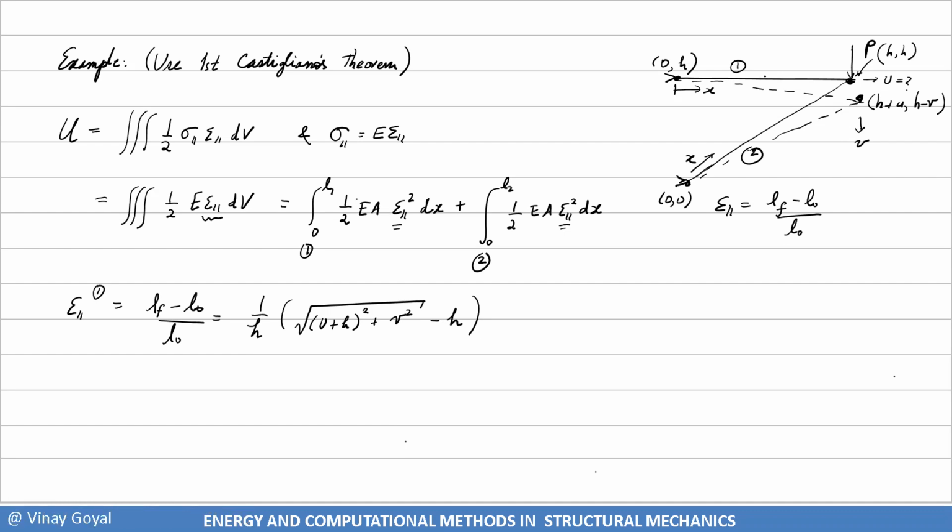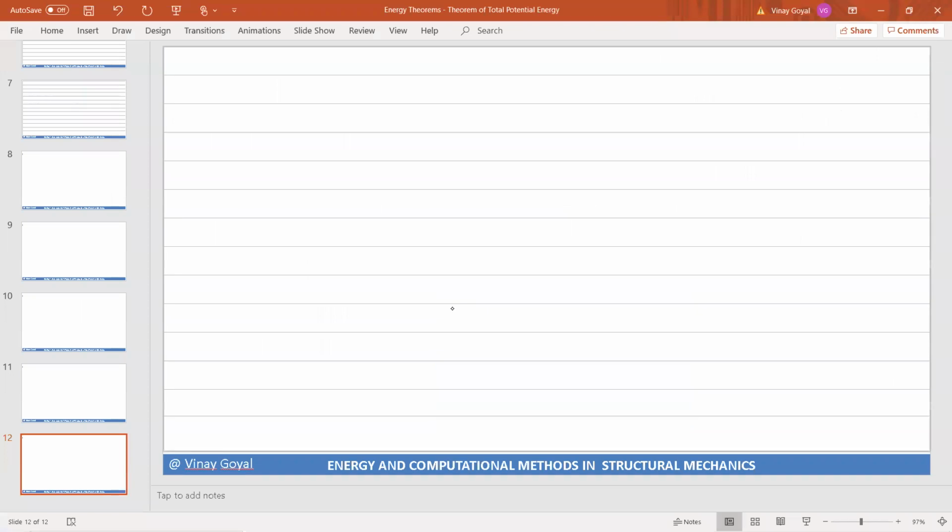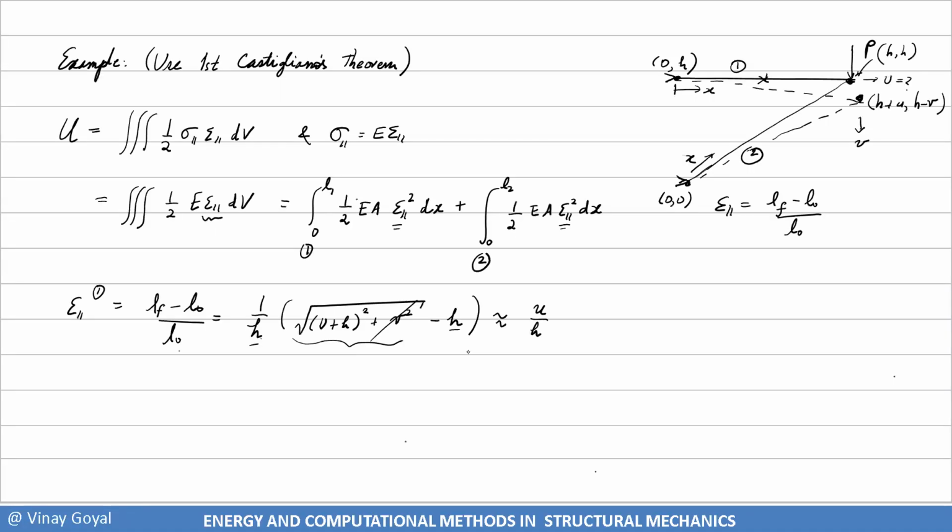I'm looking at this bar here, by the way, the one here. So that makes sense. The initial length is H, and the final length is this. By using geometry, it's very easy to find that. But I'm looking at small deflections, so V squared should be close to 0. And so this is going to be approximately equal to U over H. For bar number 2, I apologize for that.